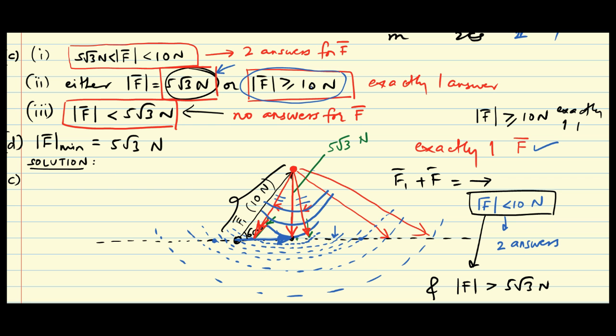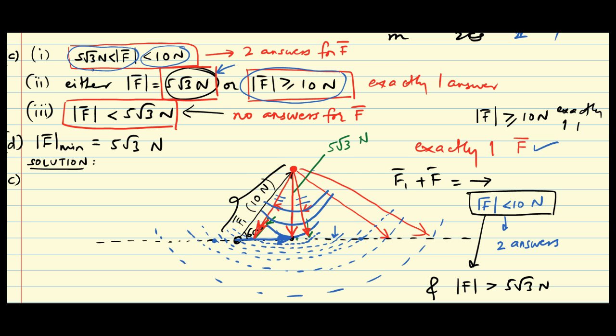And if you decrease mod f bar so that it is smaller than 10 newtons, at the same time ensuring that it is larger than 5√3 newtons, then too you get an answer. In fact, you get two answers.